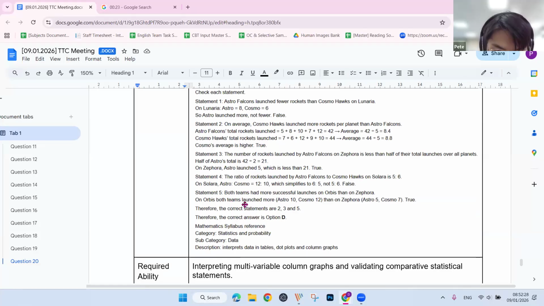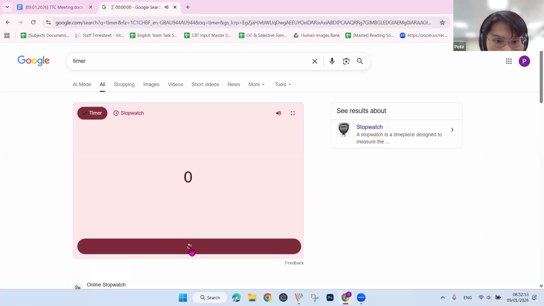On Zephora, Astrophagon launched 5, so it is less than half, and this statement is true. Statement 4 says that the ratio of rockets launched by Astrophagon to Cosmohawk on Solara is 5:6, but it should be 12:10, which is 6:5, not 5:6. So this statement is false.